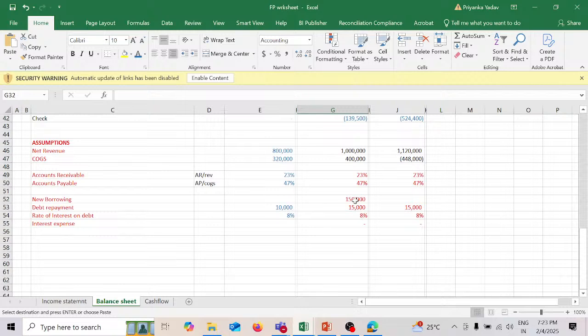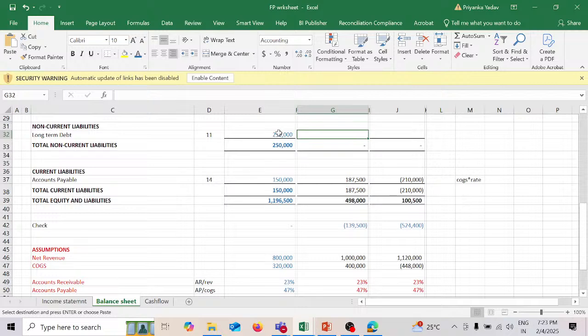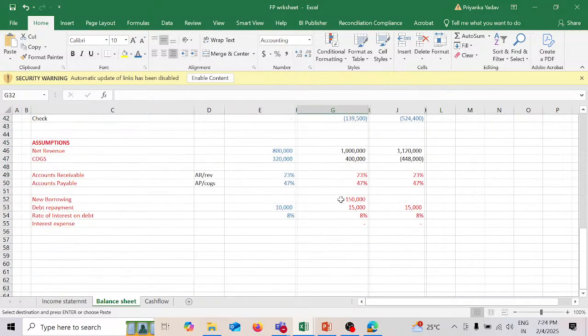This was a repayment. Now again in 2025 we are assuming that we will be needing more cash, so we will be borrowing 1,50,000. Now here the repayment for the next year will increase because this will include the 10,000 of last year as well as 10,000 which belongs to already existing borrowing, and the new borrowing is 1,50,000.